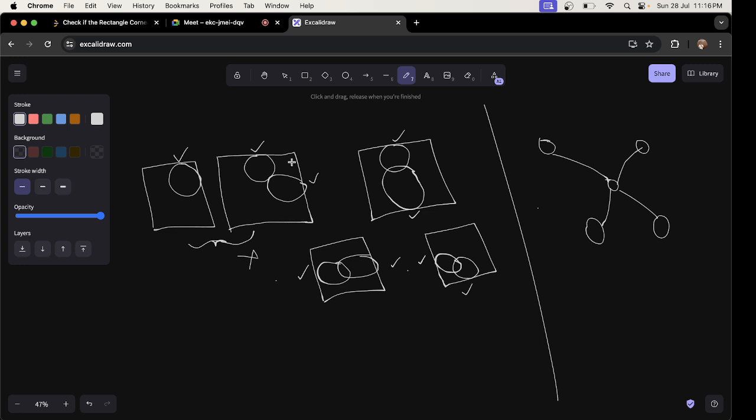If any of the paths exist, the answer is no, otherwise the answer is yes. Simple DFS will do. Simple DFS or BFS, anything. Clear?